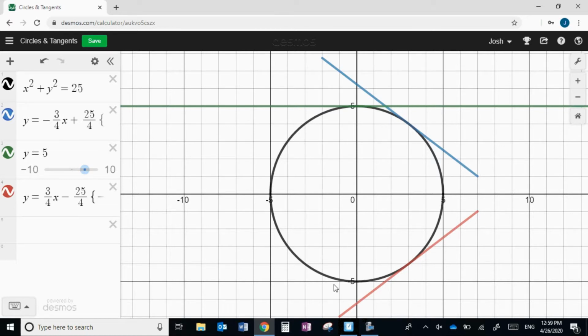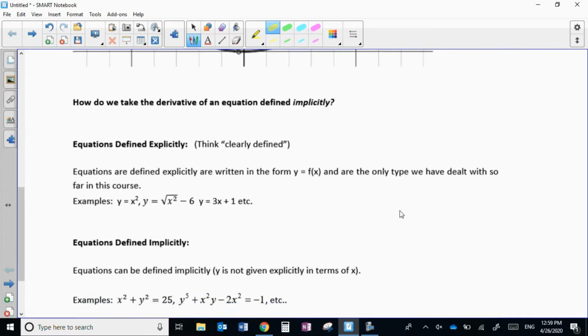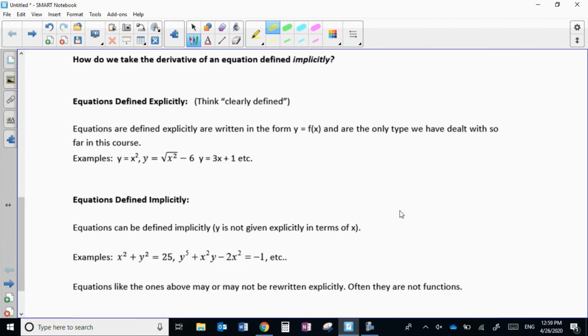Okay, let's get back to how we algebraically take the derivative of the equation of a circle so that we're able to find these instantaneous rates of change. One thing we need to realize is the difference between equations that are defined implicitly and explicitly. So far in this course, we've been dealing with equations defined explicitly, clearly defined.